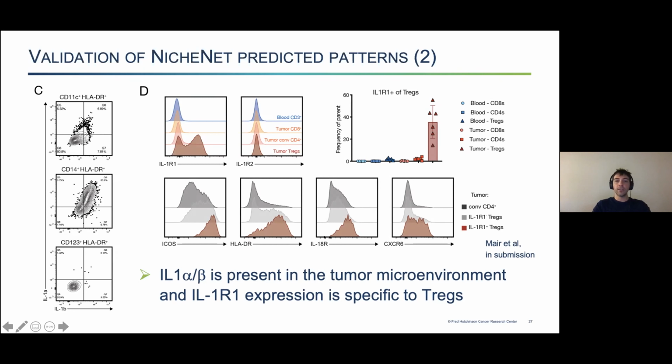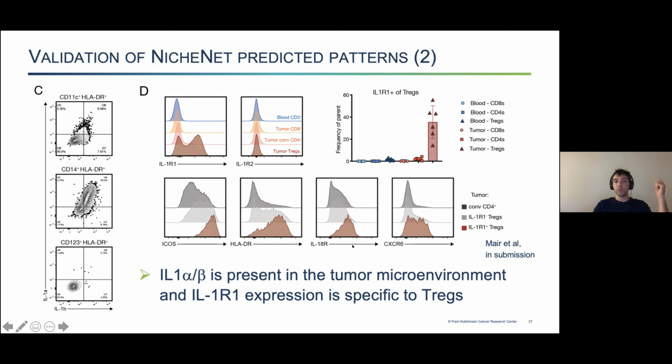Down here on these histograms, we compared the IL-1 receptor positive Tregs in red to the IL-1 receptor negative Tregs in gray, and to the conventional CD4s in the tumor in black. As you can see, the IL-1 receptor positive Tregs are the ones that express the highest level of ICOS and HLA-DR, which links back to that population that FAUST discovered in our cytometry data.